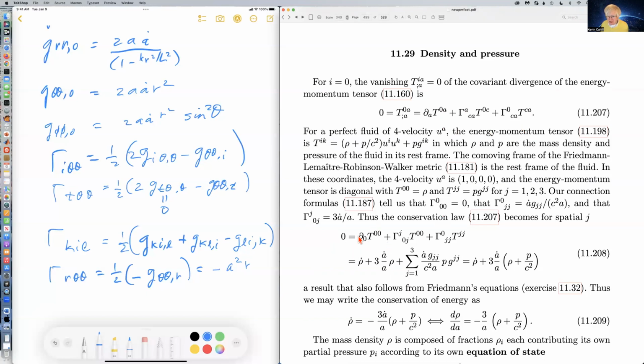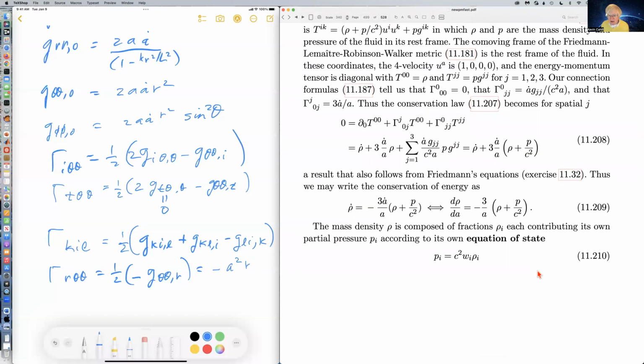In particular, the time derivative of T00 plus these other terms, which one can then compute, eventually gives us 0 is the time derivative of the mass density plus the Hubble rate times rho plus p over c squared. And so that's, of course, a very important equation.